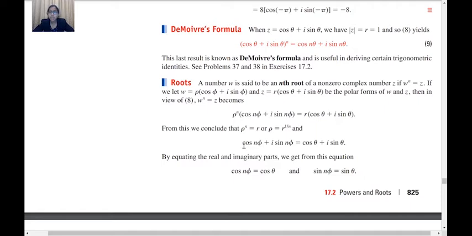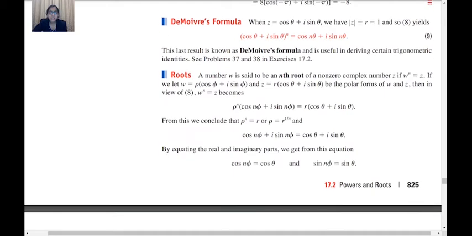And cos n phi plus i sin n phi will be equal to cos theta plus i sin theta. Again, comparing two complex numbers, if two complex numbers are equal, their real parts should be equal, and correspondingly their imaginary parts should also be equal. So in this case, cos n phi must be equal to cos theta, and sin n phi must be equal to sin theta.